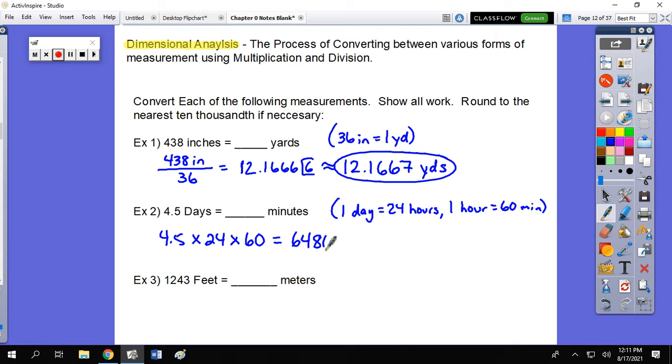Now, where this got tricky, and where it continues to be tricky, is when you have to do both multiplication and division to carry out a conversion. And example 3 is supposed to be one of those. We do not have a direct connection between feet and meters in the list that we provided on the previous page.